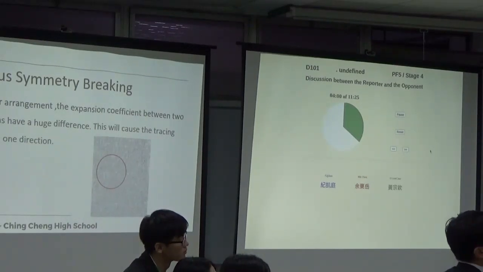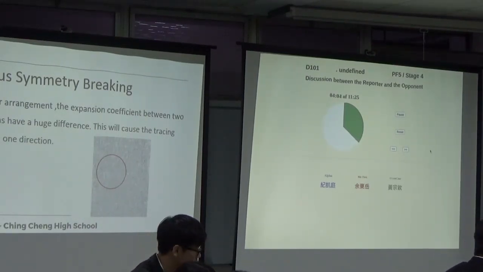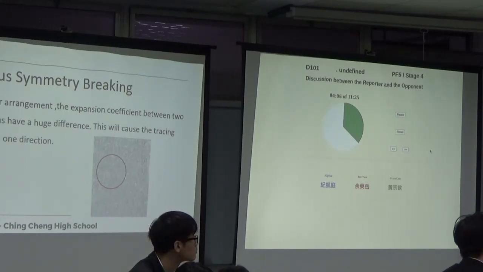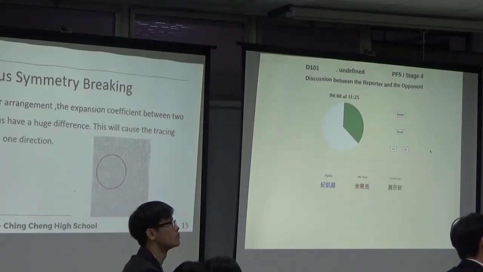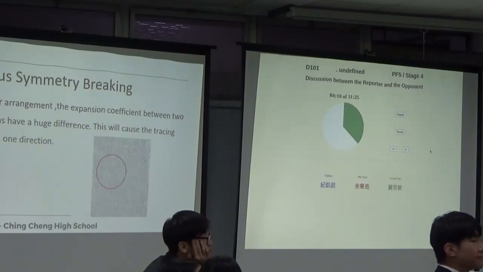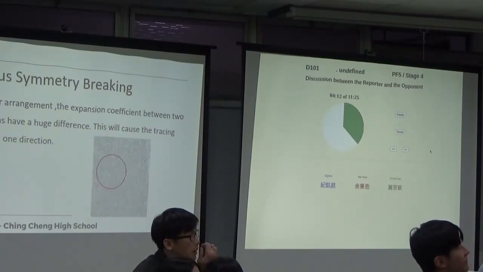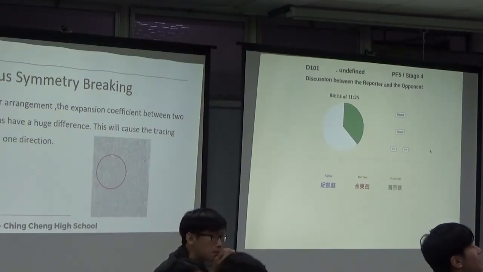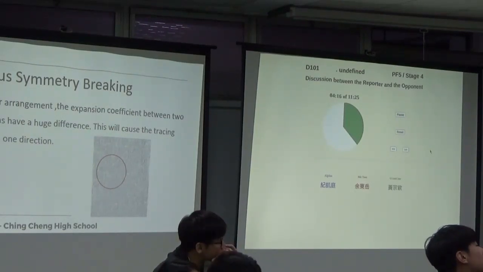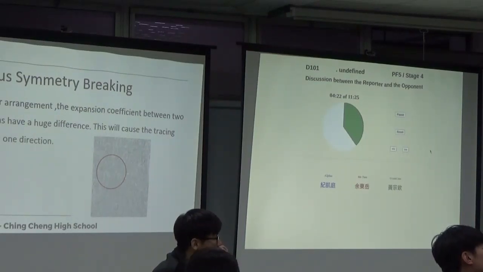More in one direction. Because maybe we can look over here, and when the water expands, it may go like this because the lower layer may have more water. I mean, why will the expansion in this direction be more than this direction?